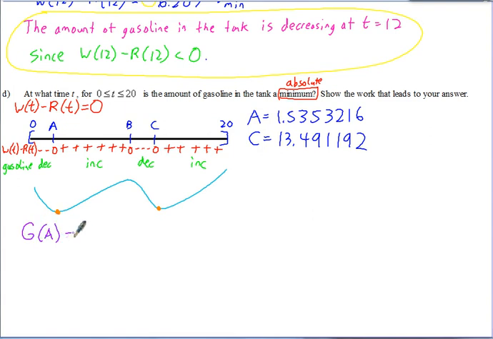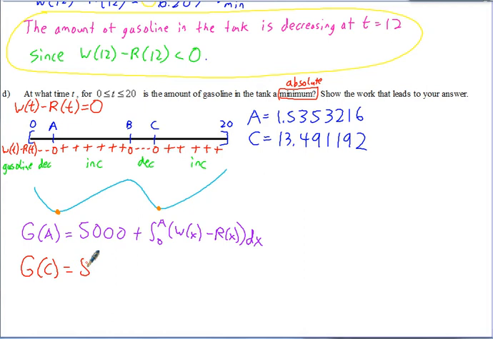G of A would be 5,000, the initial amount, plus the integral from 0 to A of w(x) minus r(x) dx, versus g of C, again the initial amount 5,000, plus the integral from 0 to C of w(x) minus r(x). So we'll be comparing how much gasoline is in the tank at both of these times.